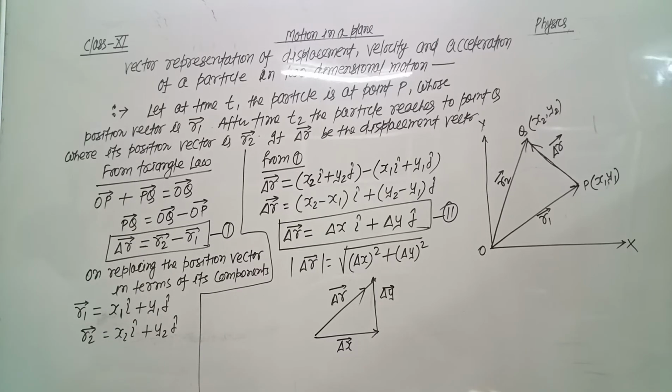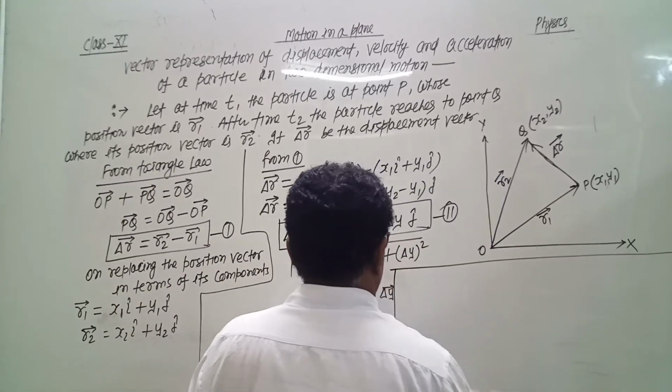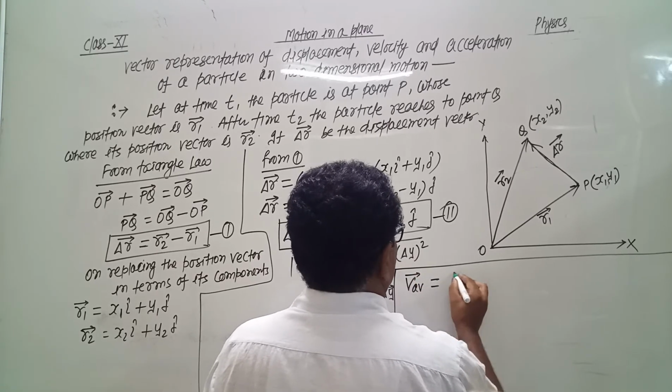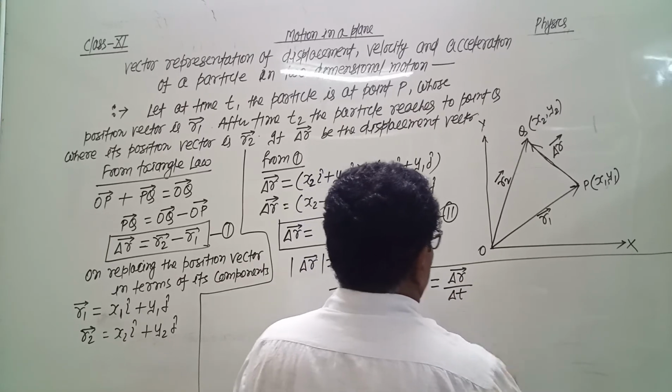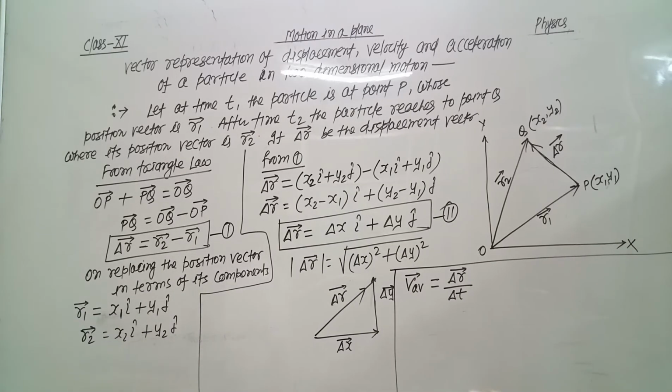Now we talk about average velocity. V average is written as delta r by delta t, total displacement upon total time, or change in displacement upon change in time.